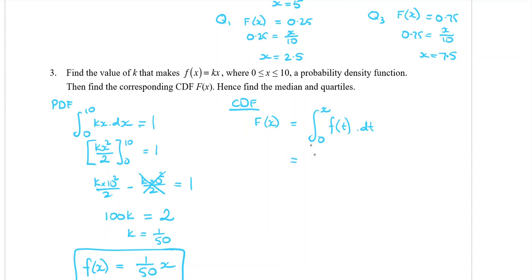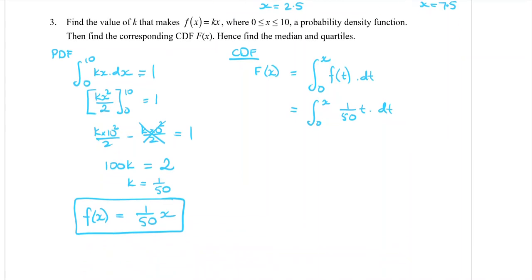So for our case, we have 1 over 50, and instead of x we're calling that t, dt. We are integrating that with respect to t, so t squared over 100 between 0 and x.